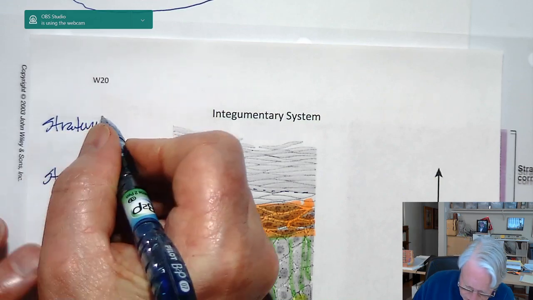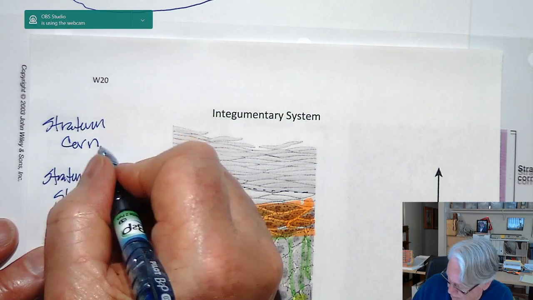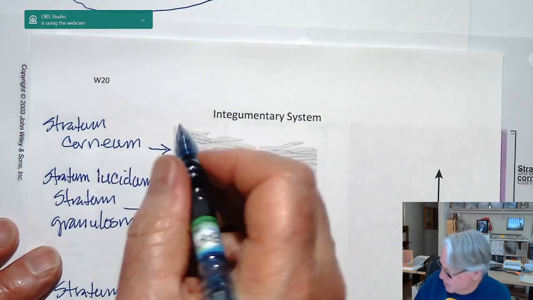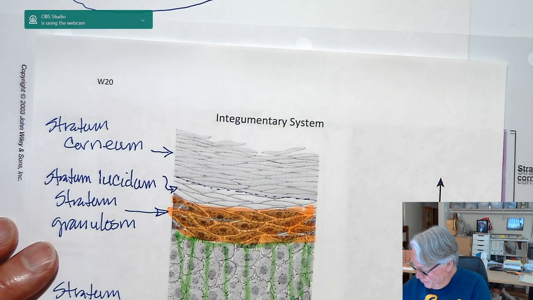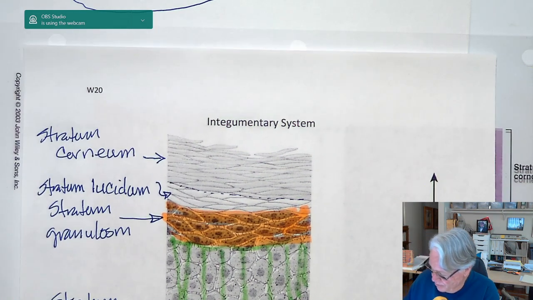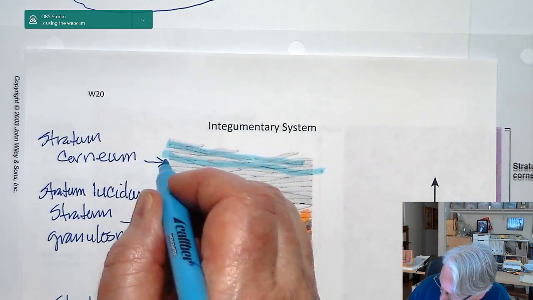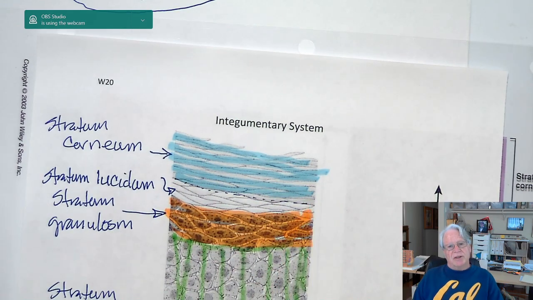Stratum corneum, which is our last layer. And what color do you think we ought to do? I don't know. Let's go with blue. There we are. That's the last layer.